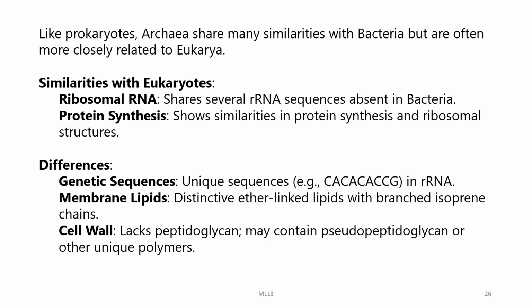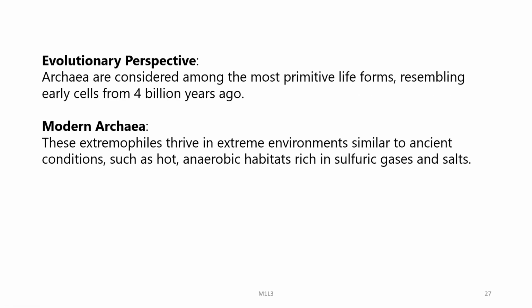Genetic sequences: unique sequences are found in RNA. When it comes to the membrane lipids, we have distinct ether linked lipids with branched isoprene chains, as we have already discussed in that figure. In the table we have also mentioned that it lacks peptidoglycan and may contain pseudopeptidoglycan or other unique polymers.